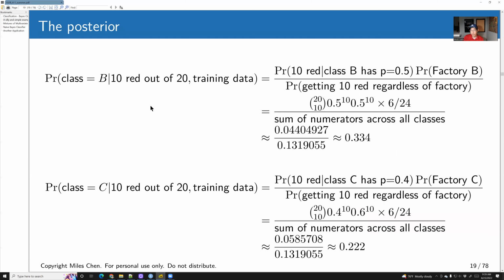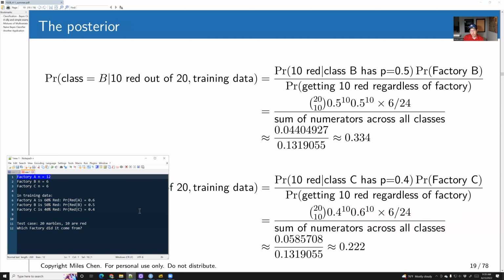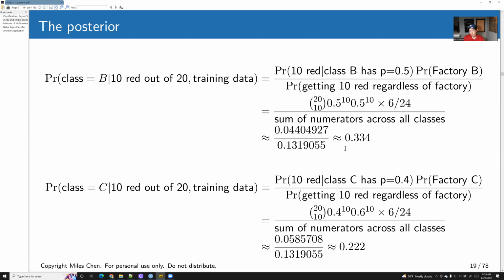Meanwhile, factory B, prior to looking at the data, we would have given only a 25% chance. After looking at the data, because my data aligns with what we know about factory B, that half of its marbles are red and half of my marbles in the bag were red, that bumps factory B's probability from 25% to around 33%.